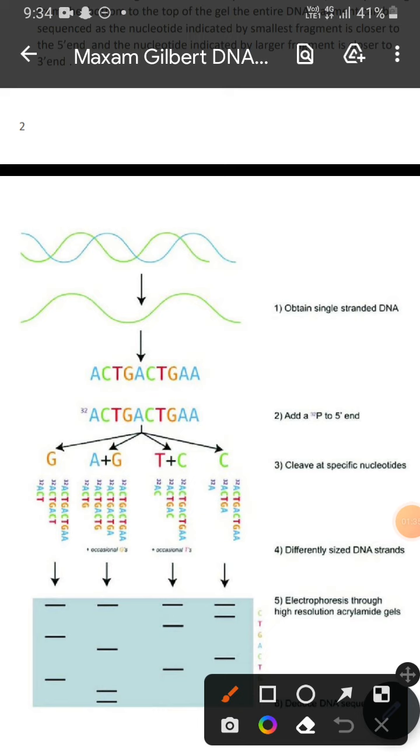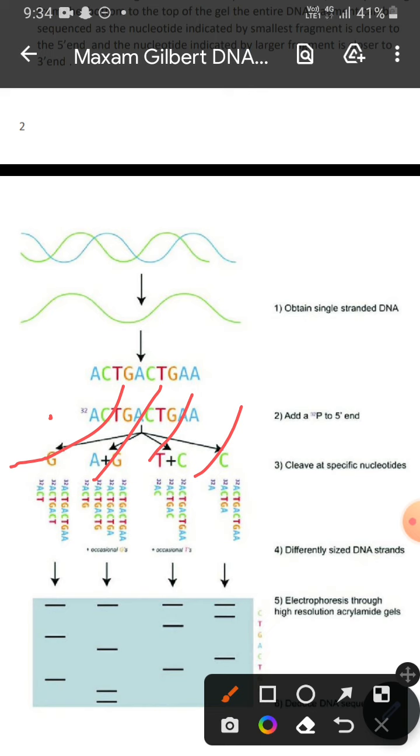So what is the utility of this cutting? By using this cutting, we will generate various radioactively labeled fragments. And as we used four different conditions in Sanger's method, here we are also going to use four different concentrations for different conditions.